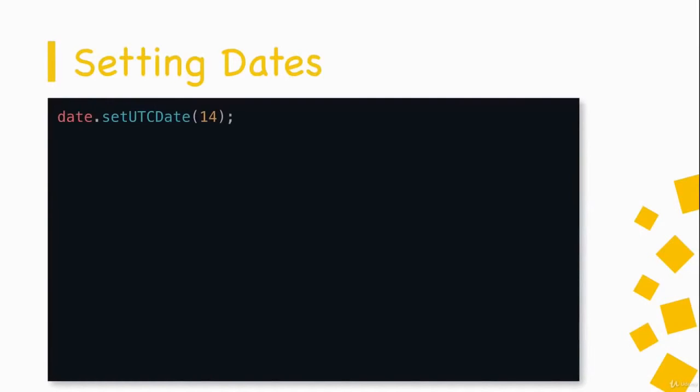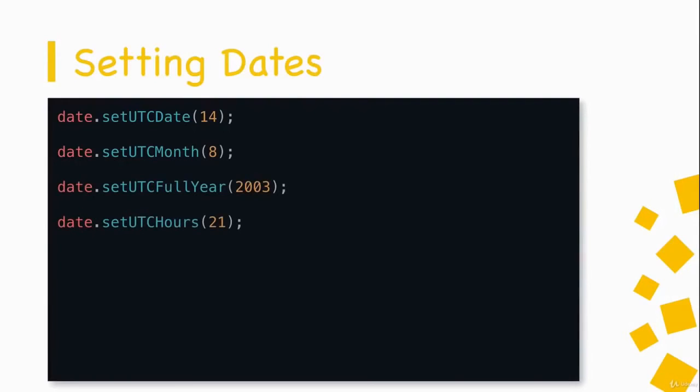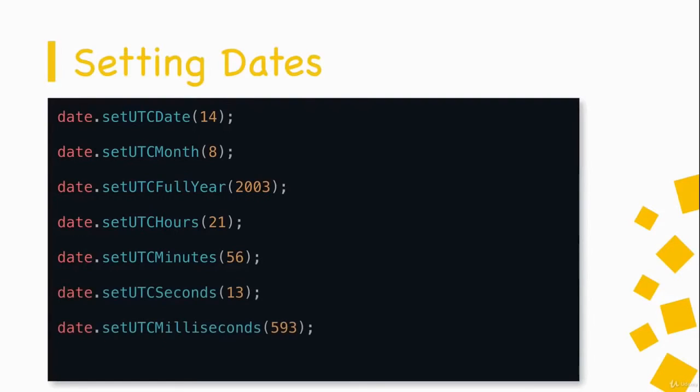And of course, all the set methods also have their UTC equivalents. So setUTCDate, also setUTCMonth, setUTCFullYear, setUTCHours, setUTCMinutes, setUTCSeconds, and of course setUTCMilliseconds. And again, because our date object is actually created in the UTC time zone, these methods are more or less equivalent. They don't really change anything that much.